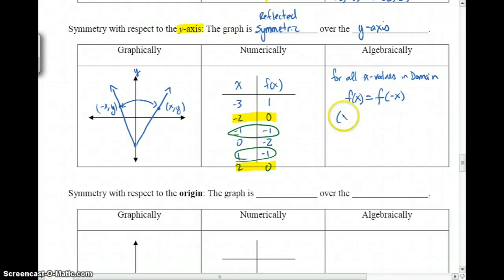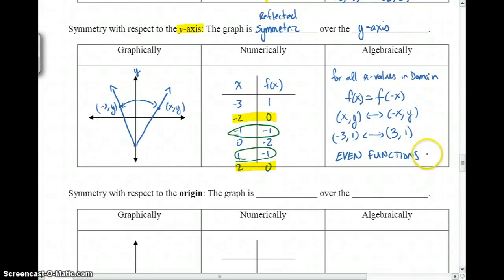Another way of saying that is that if I have a point x, y, I know that there must also be a negative x, y point. Negative 3 comma 1 tells me I'm also going to have 3 comma 1 in there. We have another name for them. They're called even functions. These are functions.